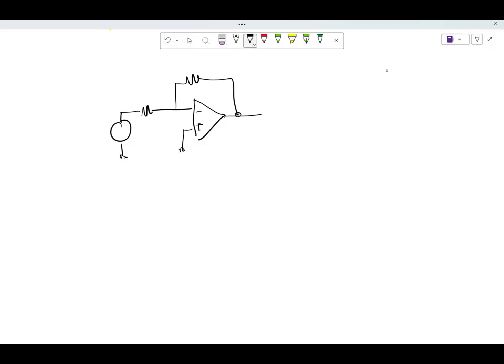Let's say I call this V1, V2, and let's say this is an ideal op-amp. If this is an ideal op-amp of gain A tends to infinity, then I know that V2 over V1 is minus R2 over R1. So we would like to do this using inter-reciprocity as well, right?